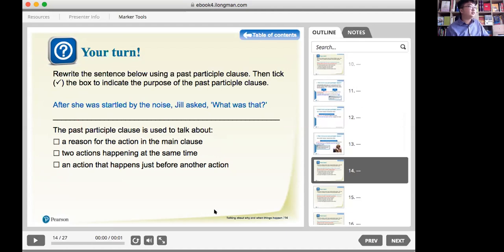After she was startled by the noise, comma, Jill asked, "What was that?" 10 seconds. The answer is: startled by the noise, comma, Jill asked, "What was that?" Can you see after here? So take the last one, an action that happens just before another action.